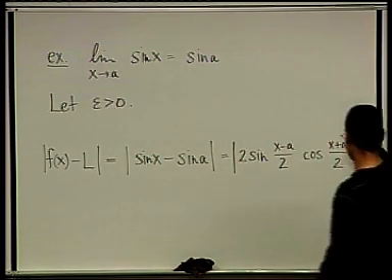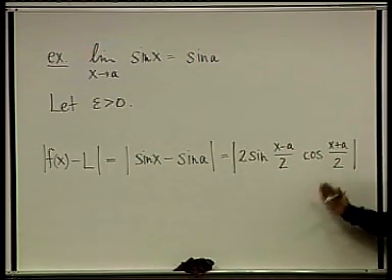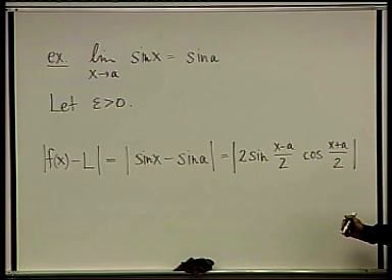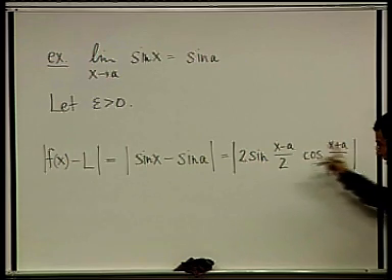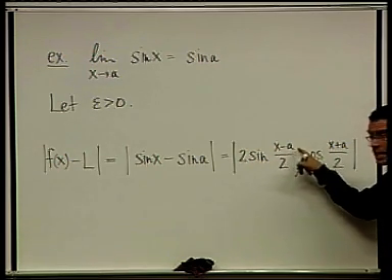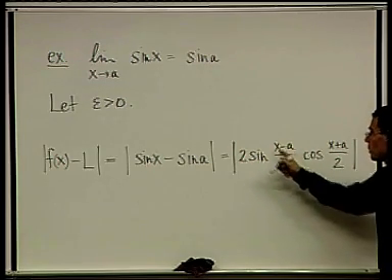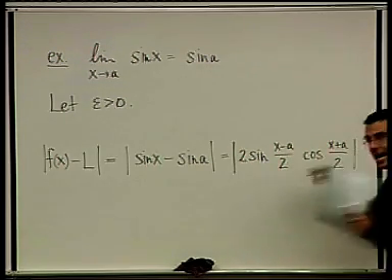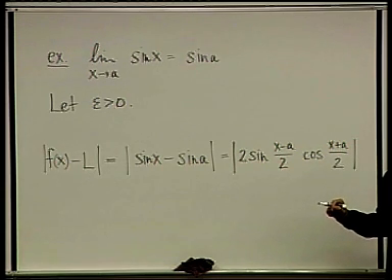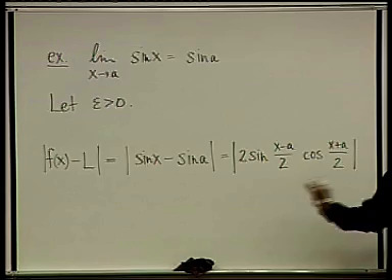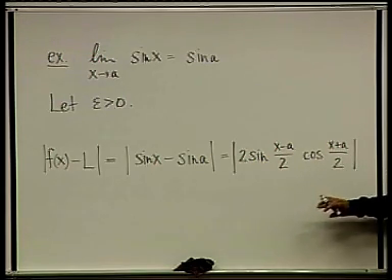That's a known trig formula which you can look up. Okay? And I'm happy to see this because there's x minus a. There's something I can feel comfortable with because I know x minus a is going to be governed by delta. Okay? Good? Wait, let me finish the example and then questions.